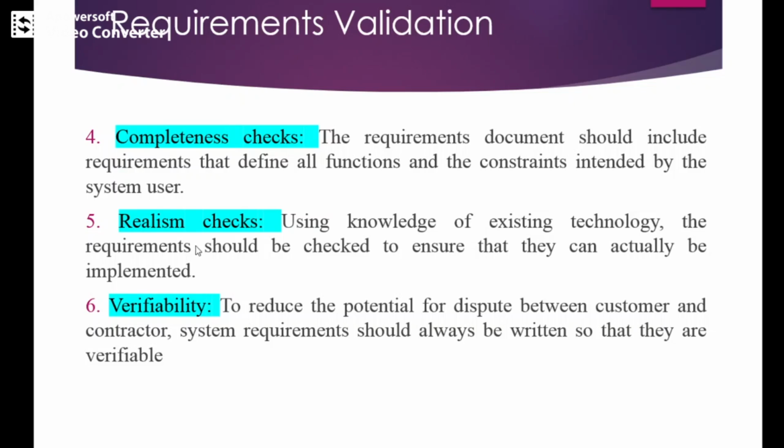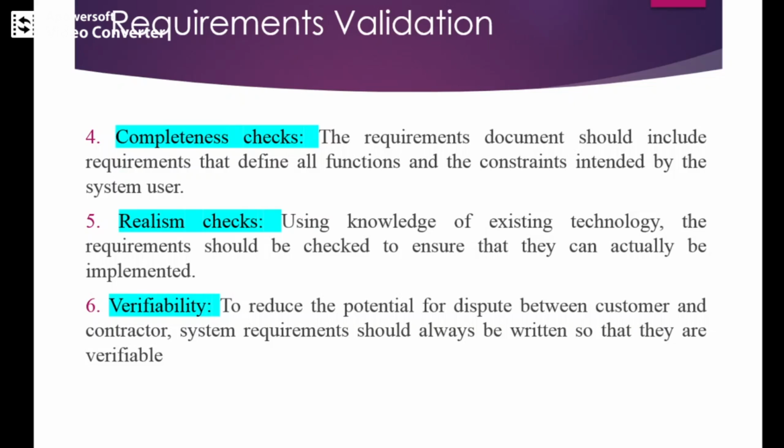Fifth one, realism checks. Using knowledge of existing technology, the requirements should be checked to ensure that they can actually be implemented. That is a realism check. So you must ensure, by seeing the requirement, whether it can be implemented or not. How can you think about it?